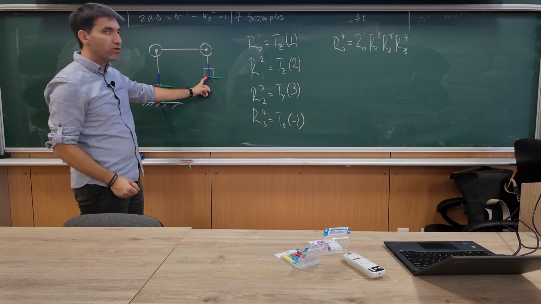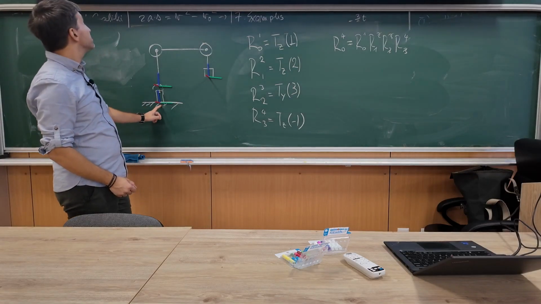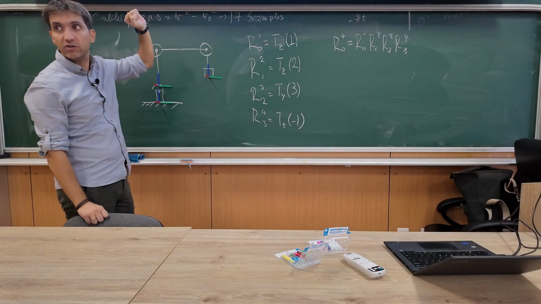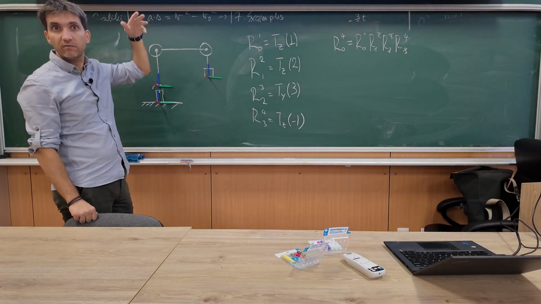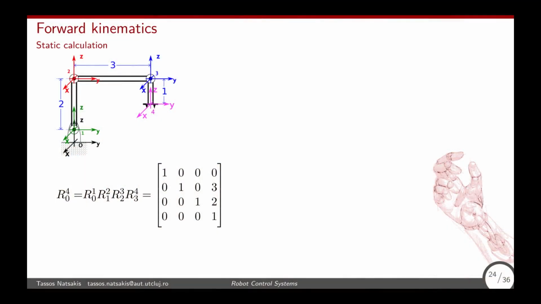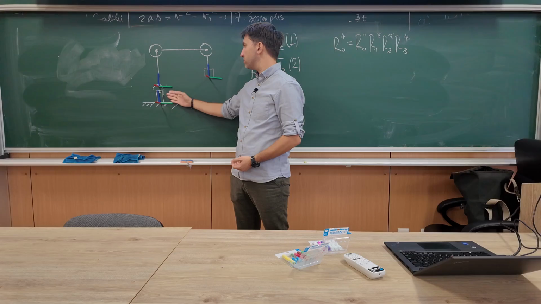Which tells me what? That frame 4, with respect to frame 0, what do we know about the orientation? Doesn't change. They have the same orientation because here on the diagonal I have the identity, right? 1, 1, 1. And it's positioned at Y and Z, 0 on X, so on the same ZY plane, sorry.